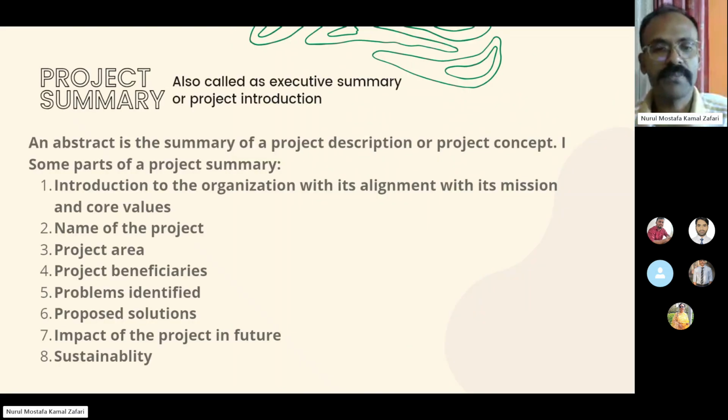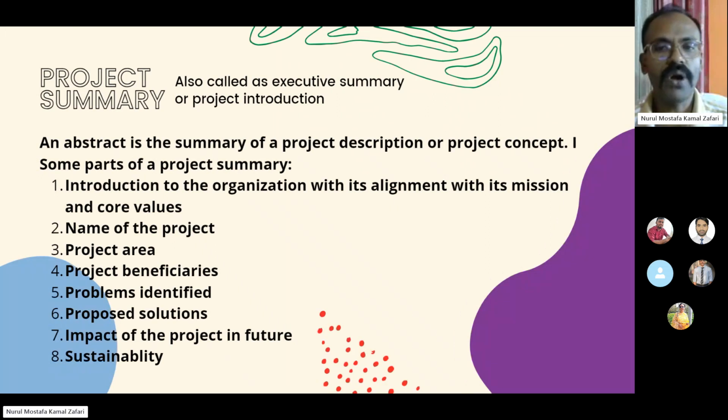Then project summary. Many people use interchangeable terms for this, like executive summary or project introduction. It's an abstract of the total project or project description or the project concept note.